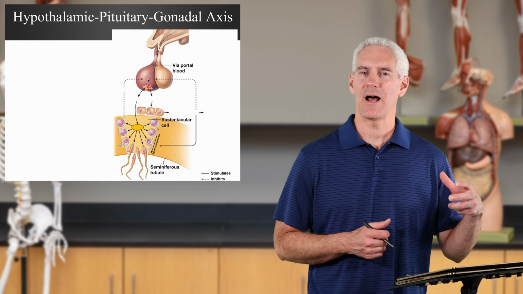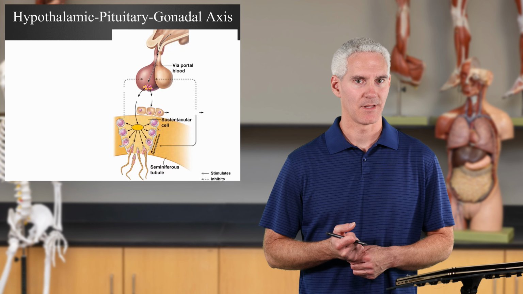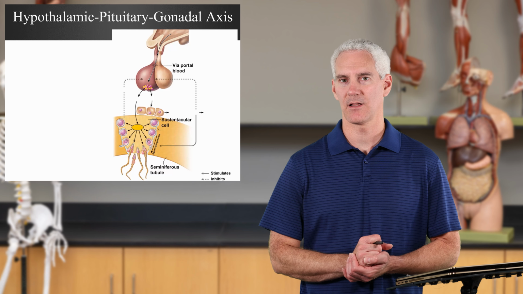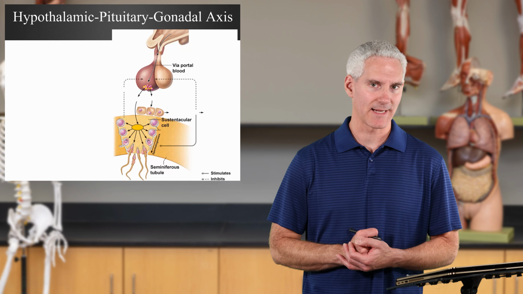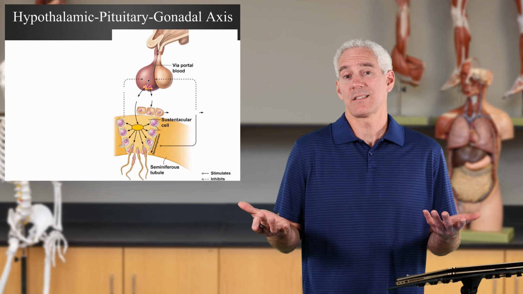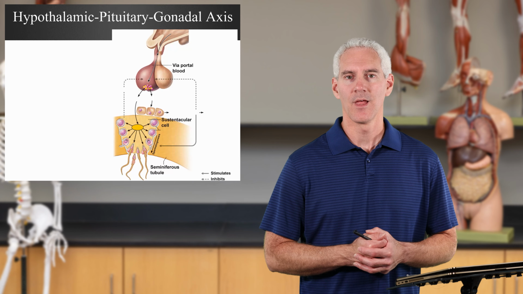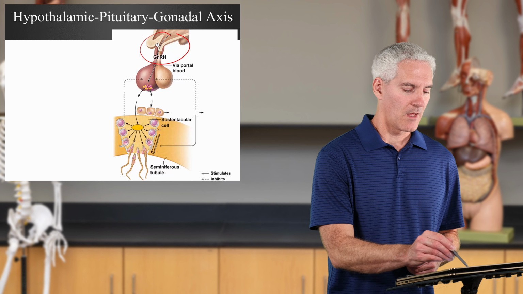But while we've talked about how these are produced, we haven't talked about any control mechanisms. The control mechanism is the hypothalamic pituitary gonadal axis, which means we're pulling the endocrine system back in here, which makes sense because we've talked about the gonads in the endocrine system. We'll start off first with GnRH.